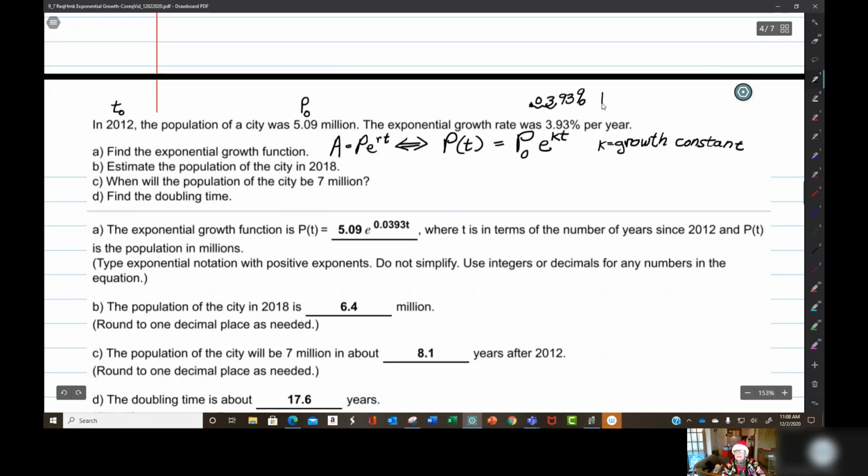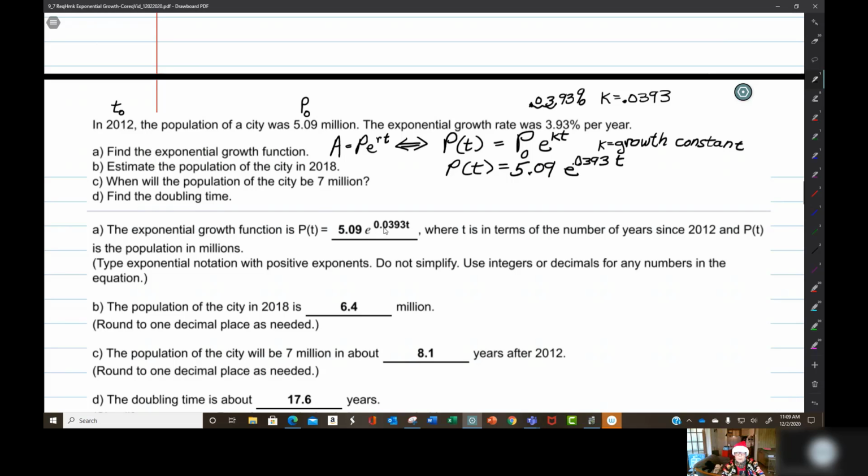So the growth constant k is 0.0393. All you have to do is put that information in here so that we'll have P of t equals 5.09, and we know that stands for millions, times e to the 0.0393 t.